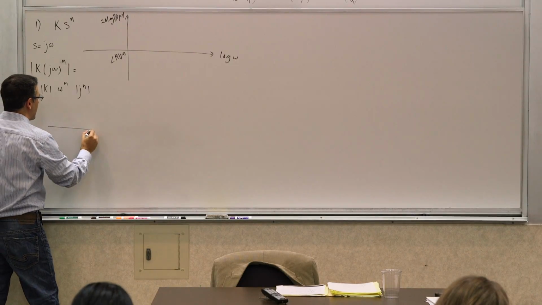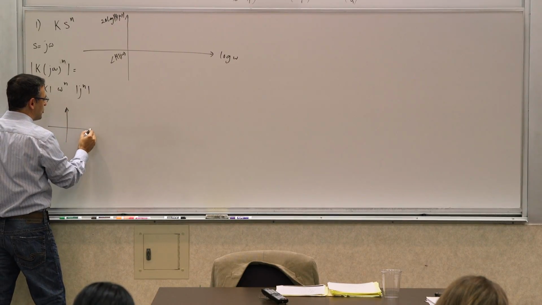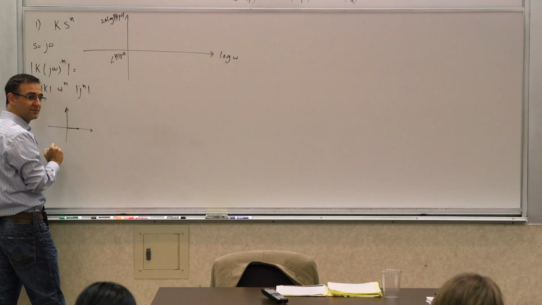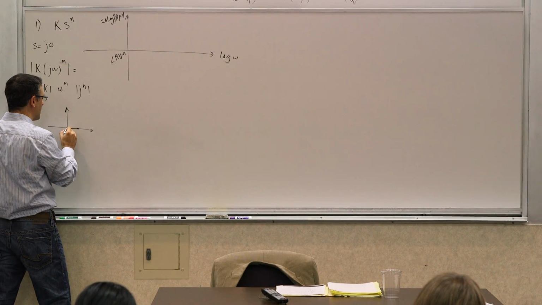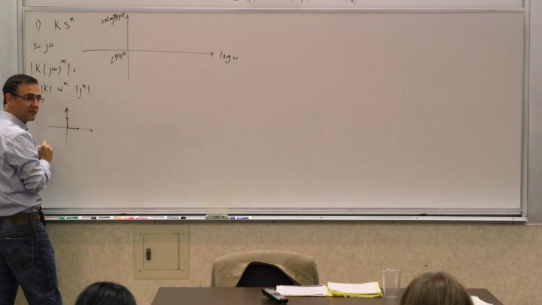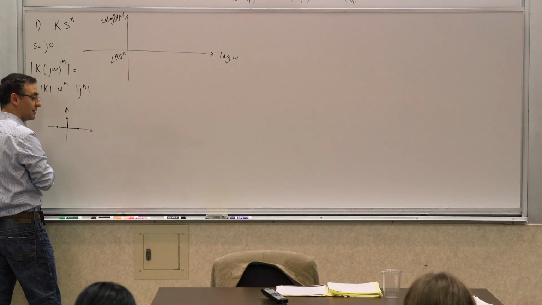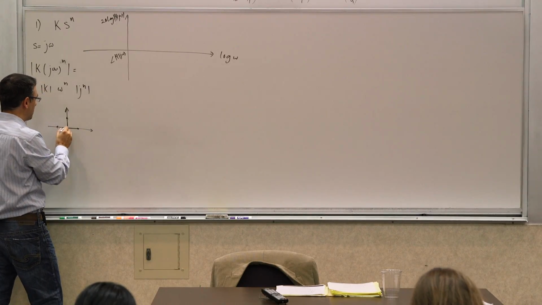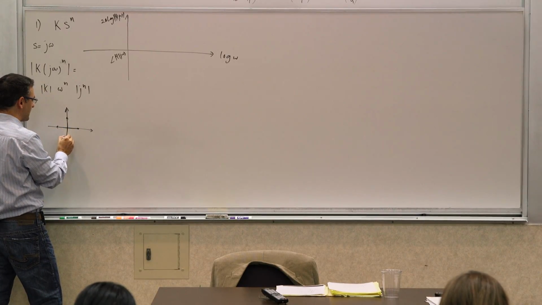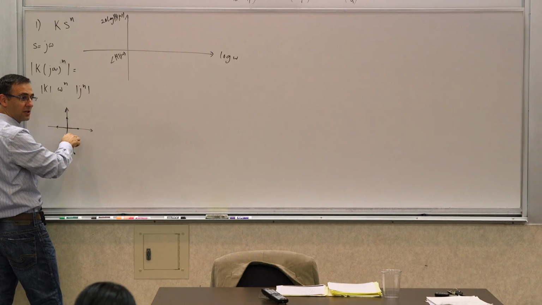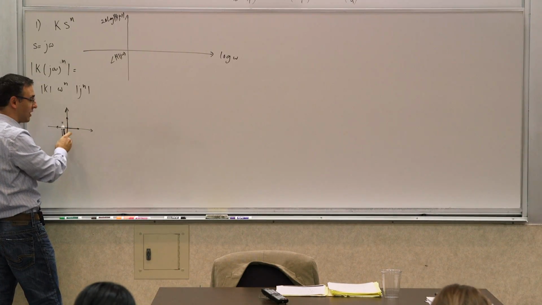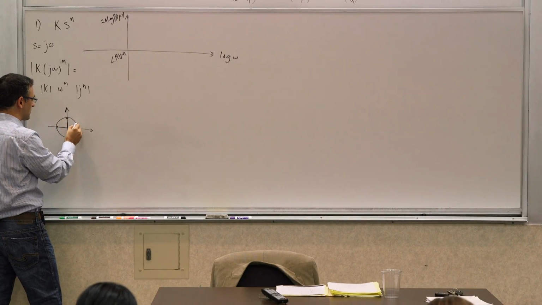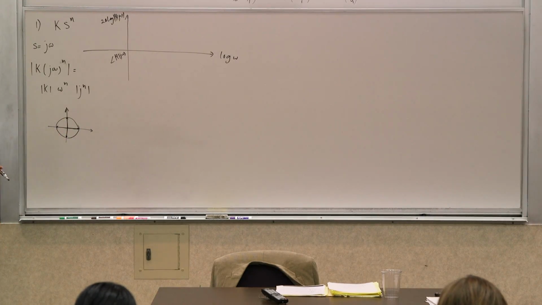Because j to the n, think about it. j to the 0 is 1. j to the 1 is j, this vector. j to the 2 is negative 1. j to the 3 is negative j. It's a rotation when you take it to a power, a 90-degree rotation every time you add an extra j. So j to the 5, j to the 6, they're all on the unit circle.